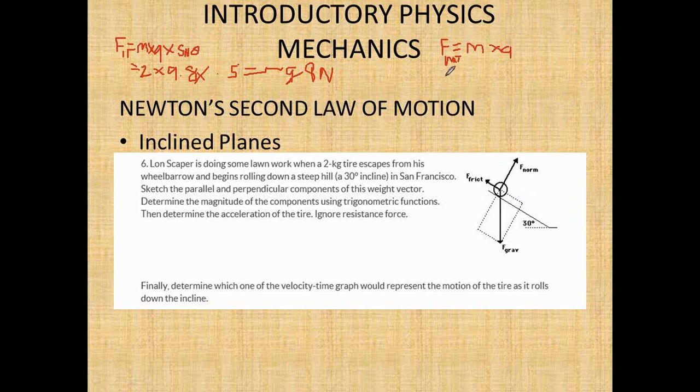So the acceleration is equal to the net force. And we know the net force is 9.8. So that's 9.8 divided by the mass, and the mass is 2 kilograms. So that acceleration is 4.9 meters per second squared.